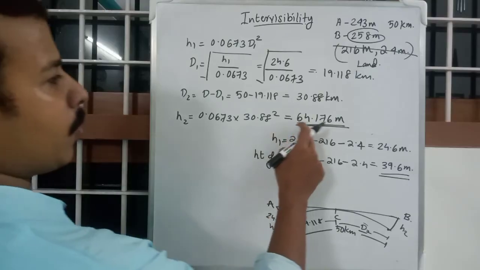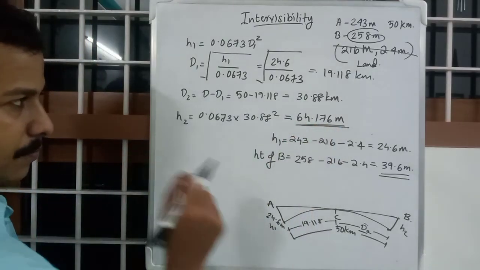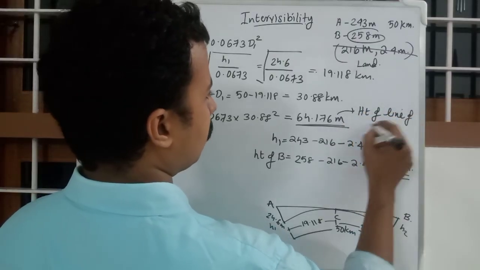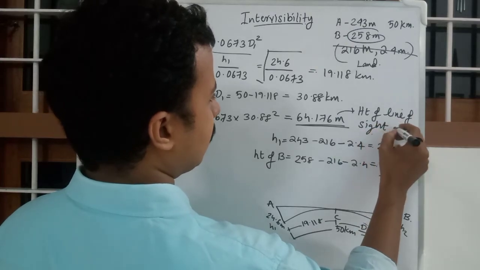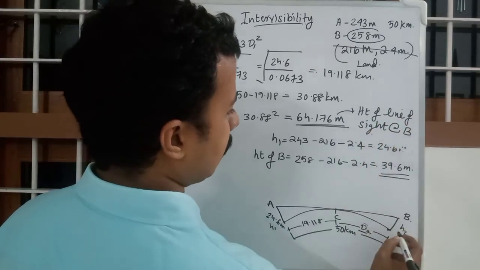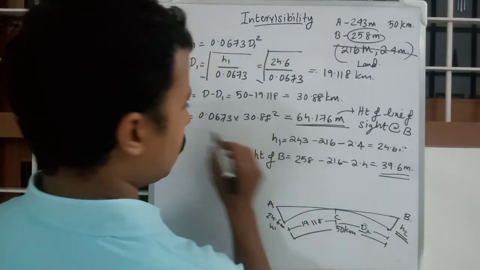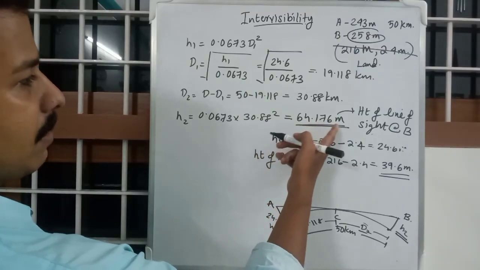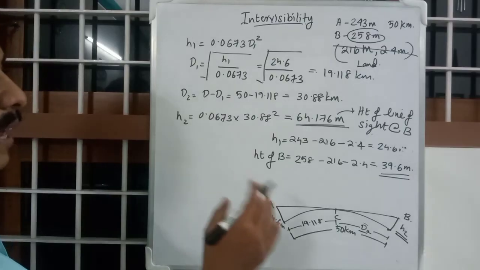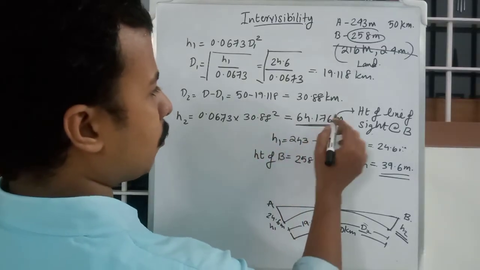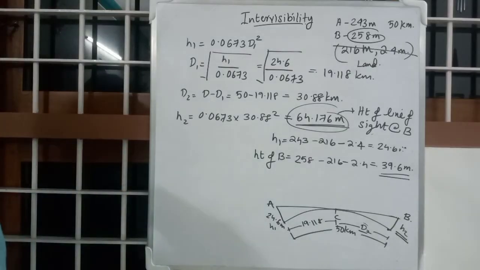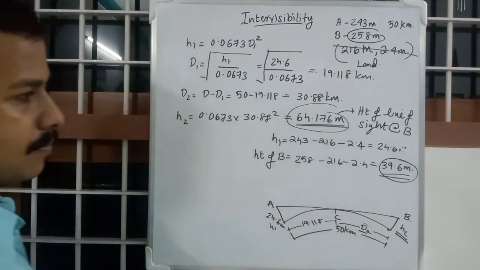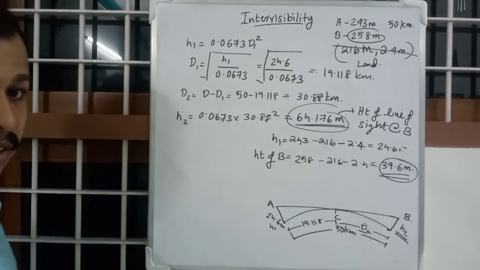Okay, so what is 64.176? Point to be noted, it is the height of line of sight at B. That is H2, height of line of sight at B, given as 64.176. So what is the value that should be compared with 64.176, as we did in the last problem? That is 39.6. So what is the inference?